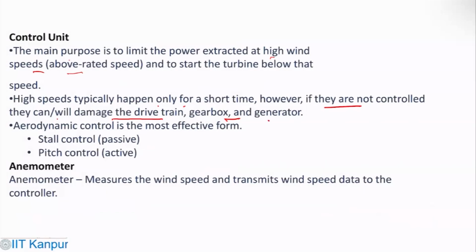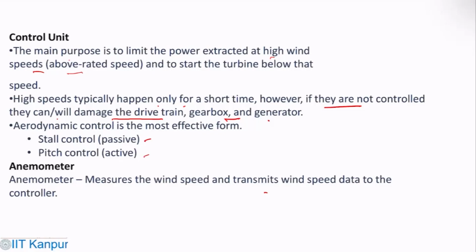So aerodynamic control is the more effective form, which is either stall control, a passive control, or pitch control, which is an active control. Okay. So the anemometer, which is part of the nacelle unit or close to it, reads the wind speed and transmits the wind speed data to the controller.